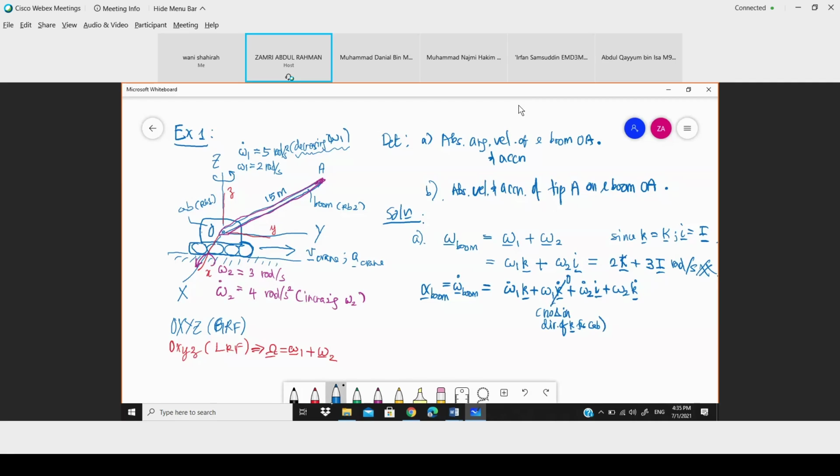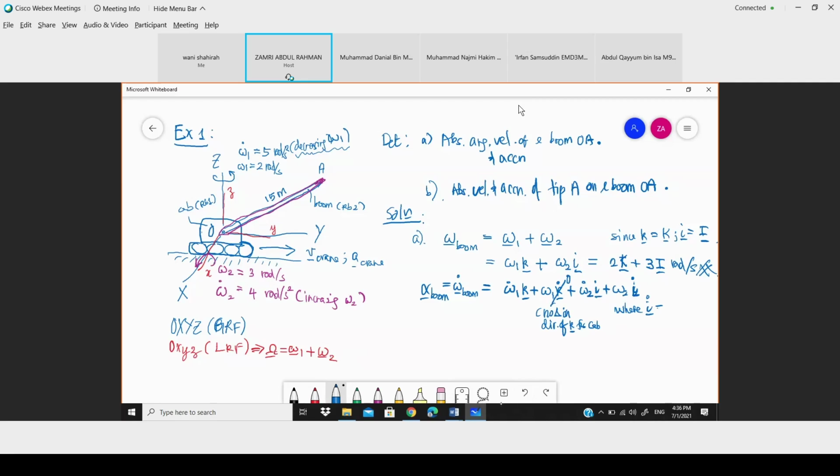Although I hate to make this kind of mistake, it is not K dot, it is I dot. I don't know why I wrote K dot right here. It is supposed to be I dot. Okay, so we can write down here, I dot.